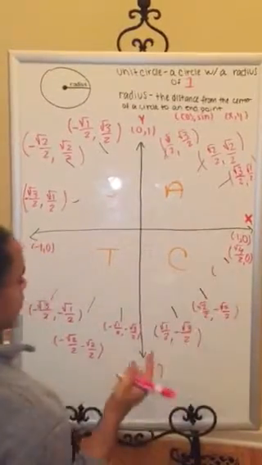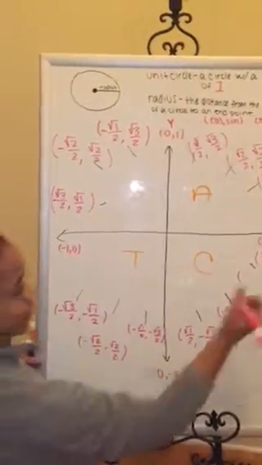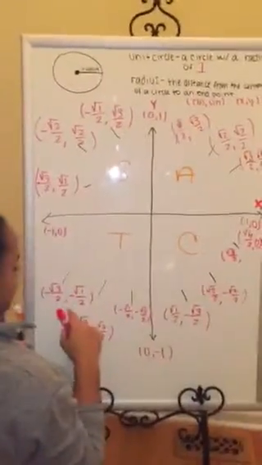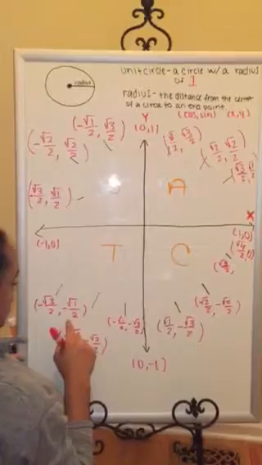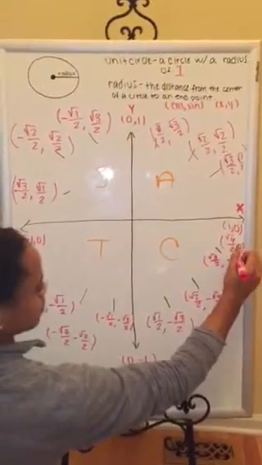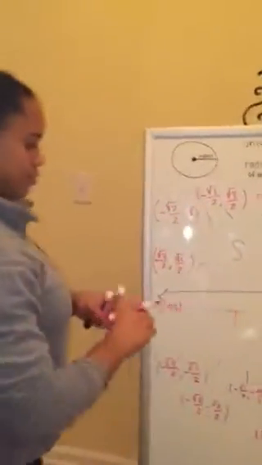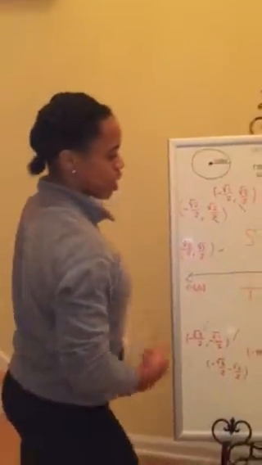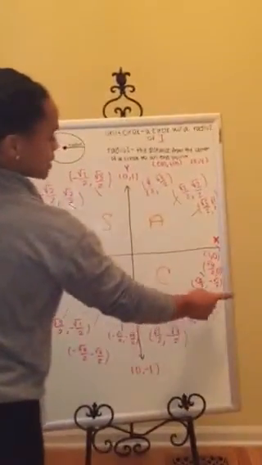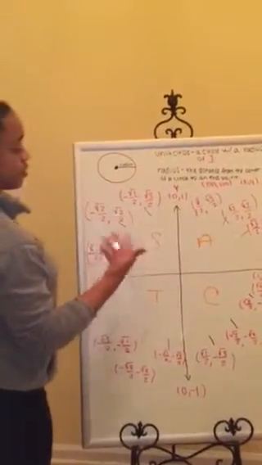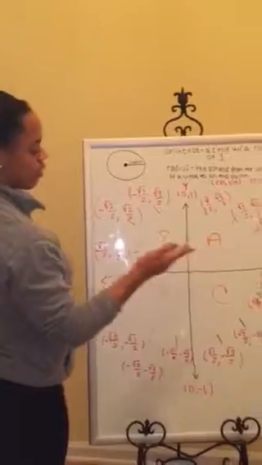And then lastly, we have square root of 3 over 2 and negative square root of 1 over 2. So, those are our cosine and sine values of each of the degrees, or each of the angles on the unit circle.